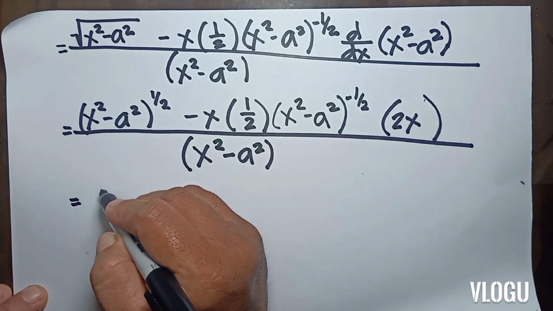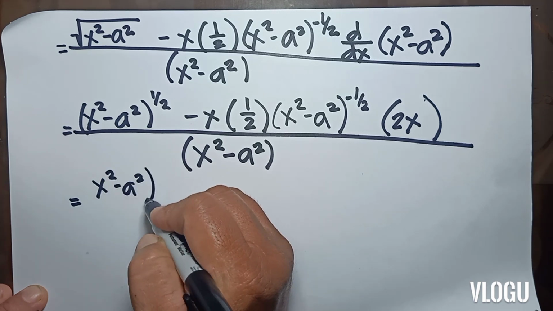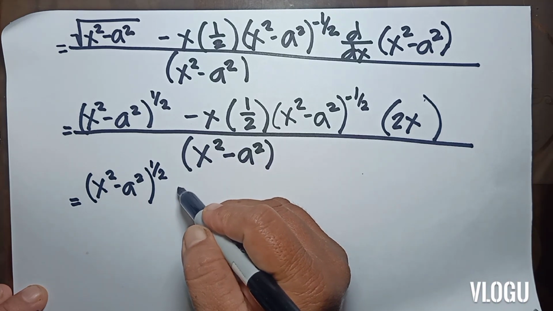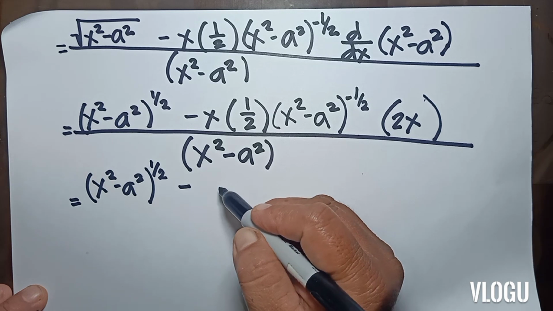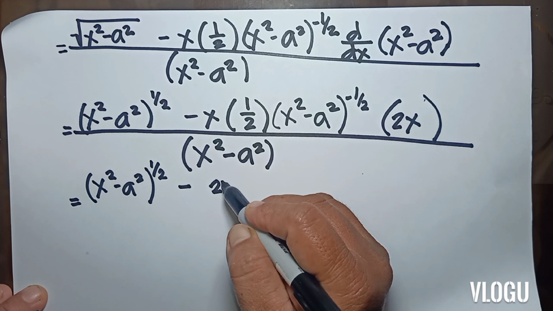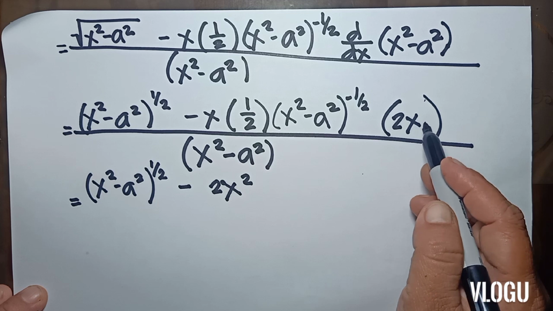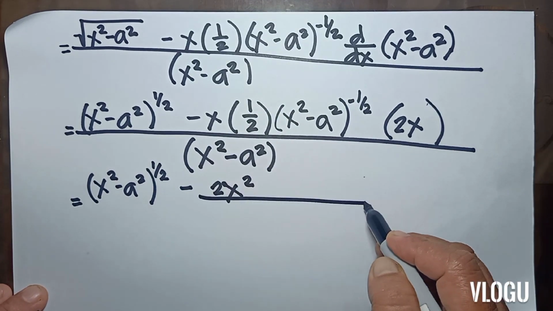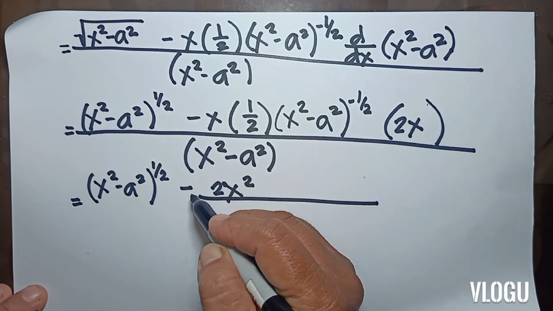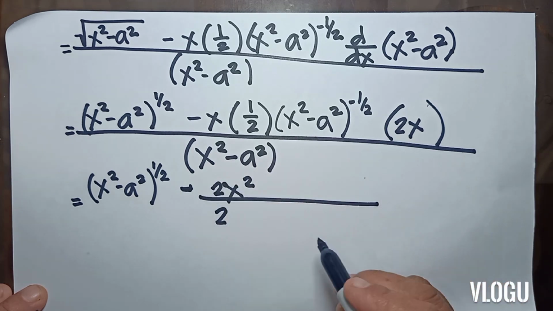We have x squared minus a squared raised to 1/2 minus 2x squared over 2, because of the 1/2.